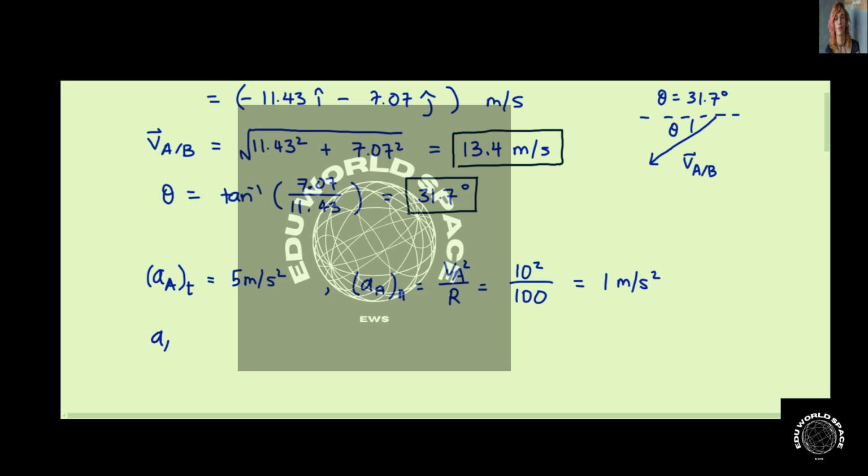So in vector form, the acceleration of A has this tangential component, and then the normal component.